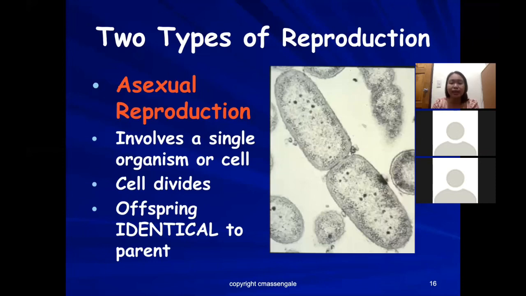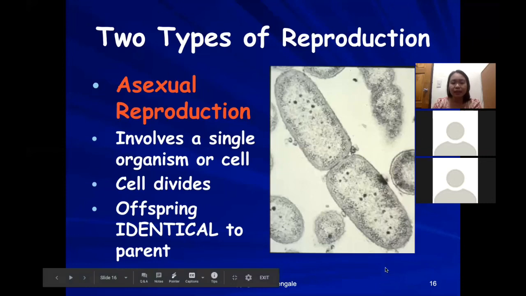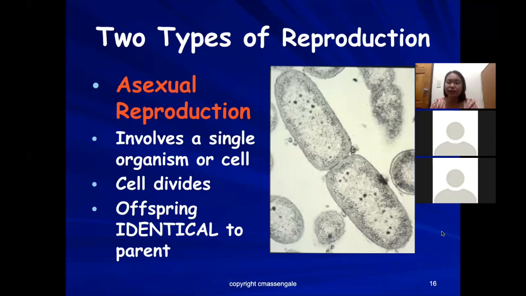But asexual reproduction only involves one cell which divides or is regenerated in some other organisms. So most asexual reproduction is identical, they are the same. I will give you an example in advance.